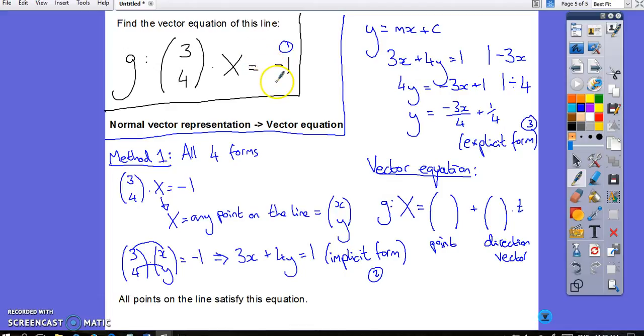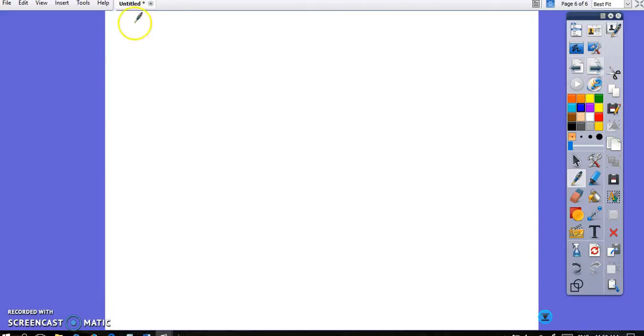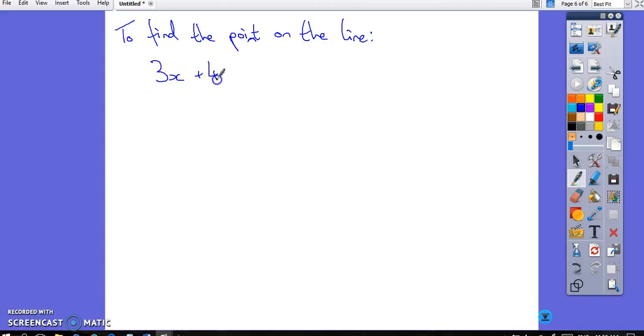We just need an x and a y that satisfy any of the 3 equations that we have. So what I'll do is I'll take this one. So for the point, I will take 3x plus 4y is equal to -1.